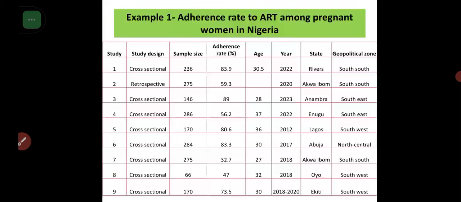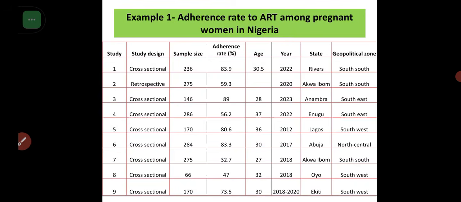Let's look at an example. This is adherence rate. This is a study, a collection of studies, let's say a tabular review on the topic adherence rate of antiretroviral therapy among pregnant women in Nigeria.